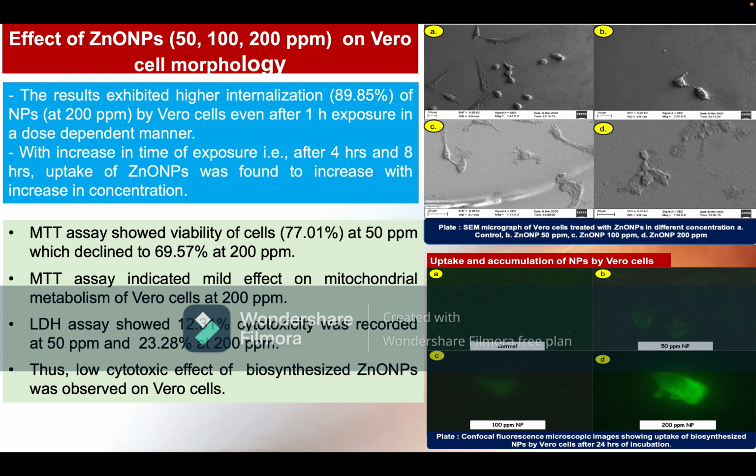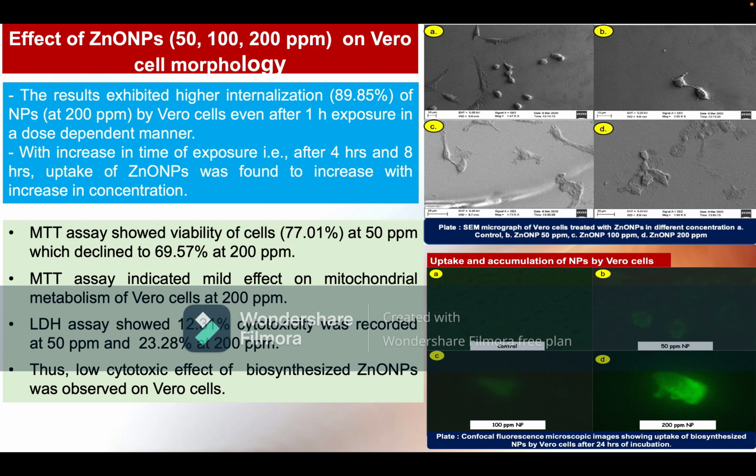This MTT assay showed that viability of the cell at 50 ppm was 77.01%, but this declined to 69.57% at 200 ppm. The MTT assay indicated that there is a mild effect on mitochondrial metabolism of Vero cell at higher concentration, that is at 200 ppm concentration.